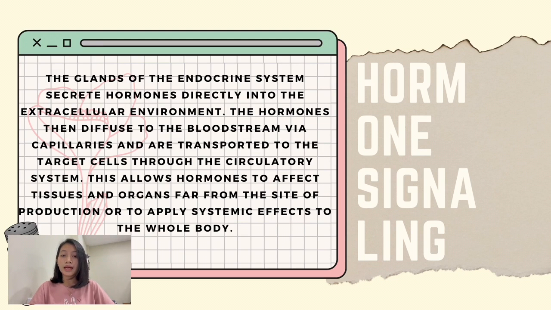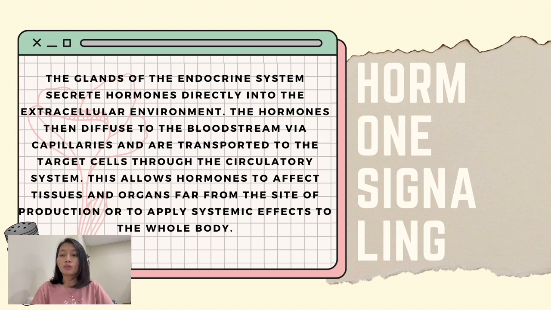So what is hormone signaling? The glands of the endocrine system secrete hormones directly into the extracellular environment. The hormones then diffuse into the bloodstream through capillaries, and are transported to target cells through the circulatory system.